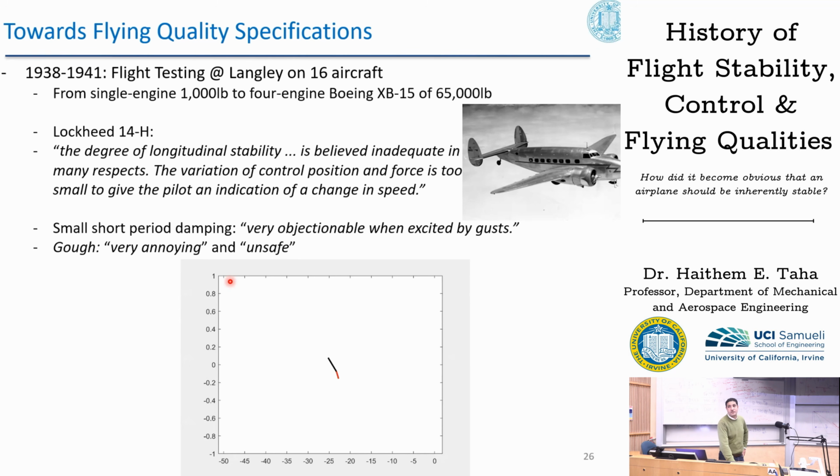This is very similar to the snaking behavior that you saw in the last problem of the last homework. Over there it was between yaw and rudder. Here it's between elevator and pitching. This mode was not well damped. And actually, in the words of Guff, it was unsafe and very annoying.